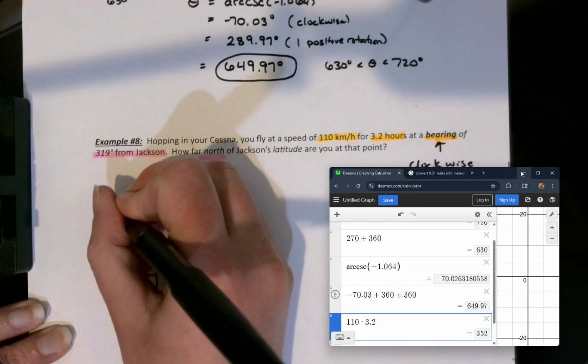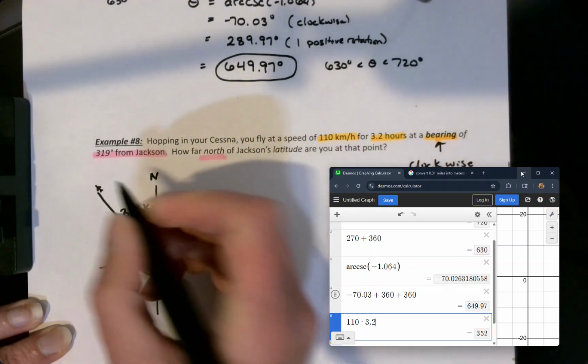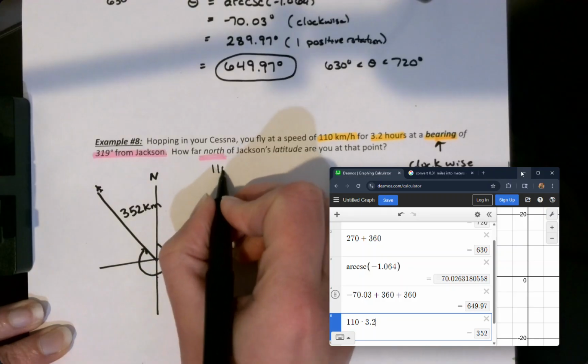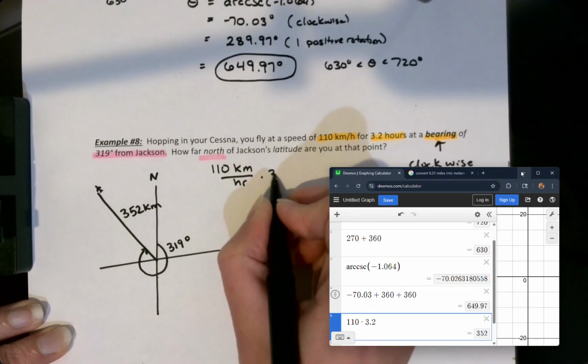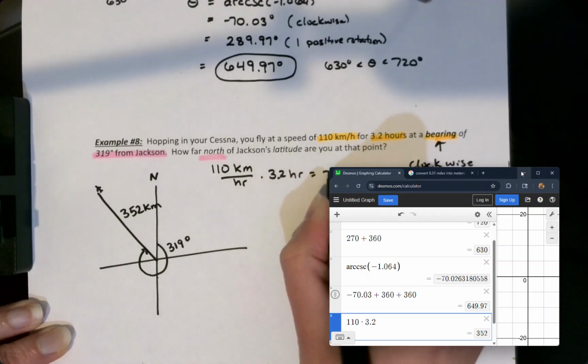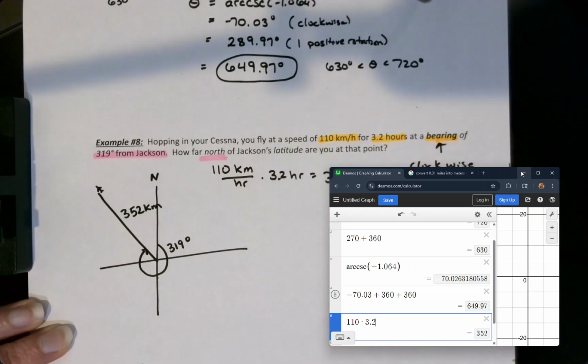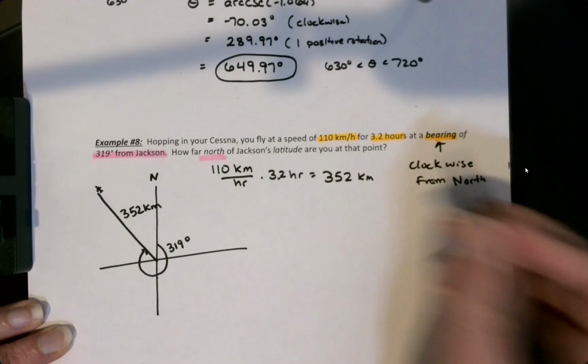I've gone a distance of 352 kilometers, right? 110 kilometers per hour times 3.2 hours is 352 kilometers.